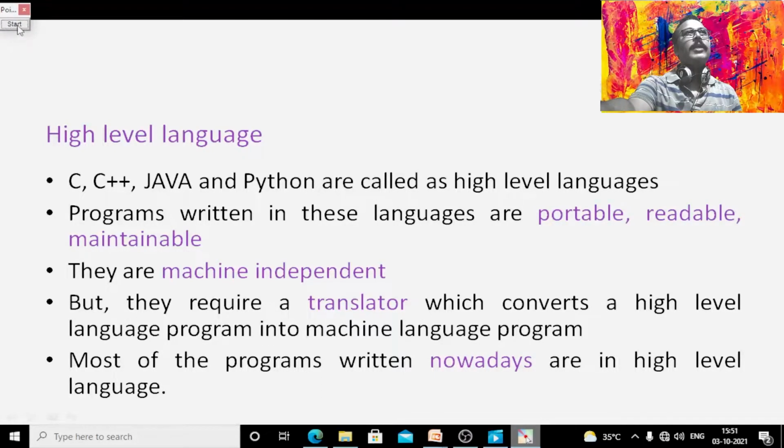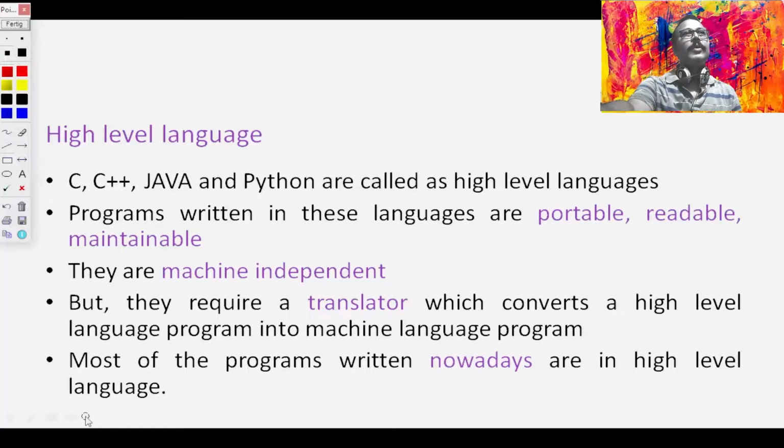What do you mean by high? They are called high level languages because they are not dependent on the machine. They are far away from the machine language. That's why they are called high level languages.